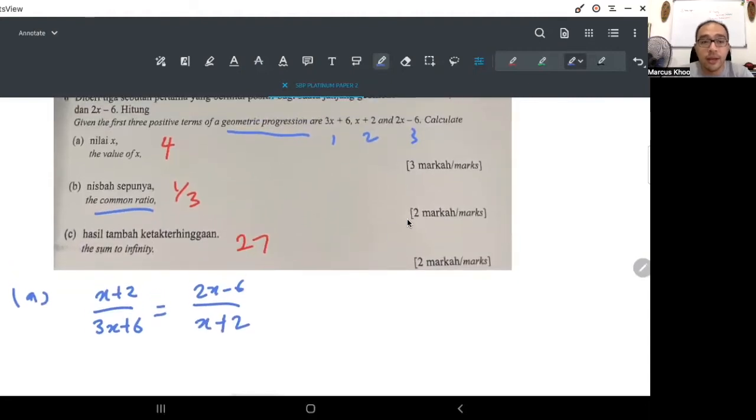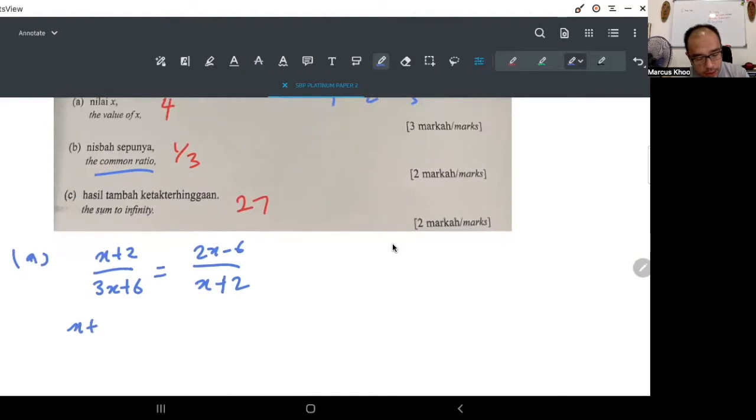And again, everybody, when you do this, you are going to get two answers. You're going to get one positive value and one negative value. Let me show you this. So this is x plus 2 times x plus 2 equals 2x minus 6 times 3x plus 6. So we get x squared plus 4x plus 4.